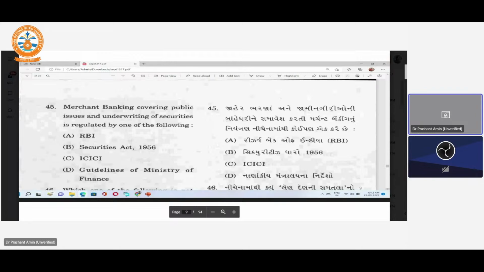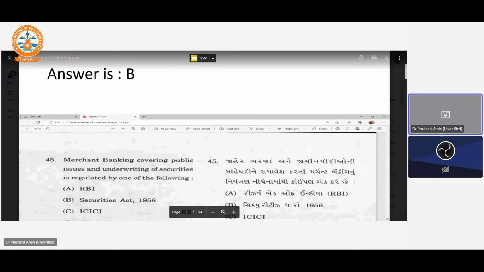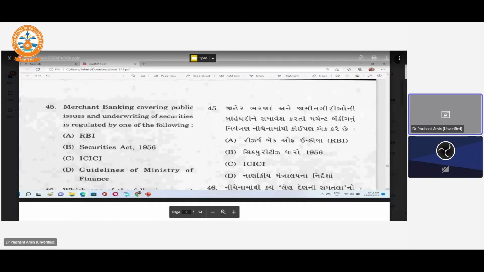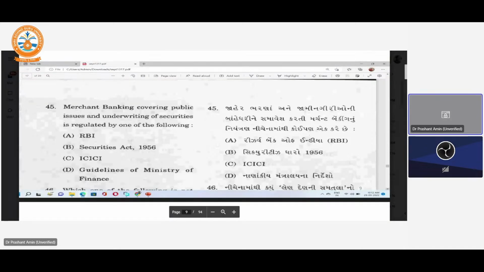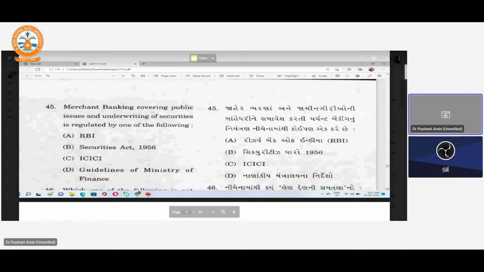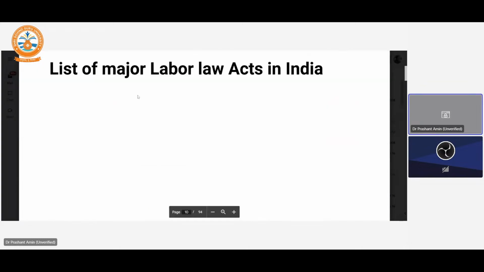But when I was browsing questions while preparing for this session, this question struck me: merchant banking covering public issues and underwriting securities is regulated by which of the following? The answer is B, the Security Act, not ICICI, the guidelines of the Ministry of Finance, or the RBI. Merchant banking, the answer is B. That is also one of the questions asked in previous examinations, right?